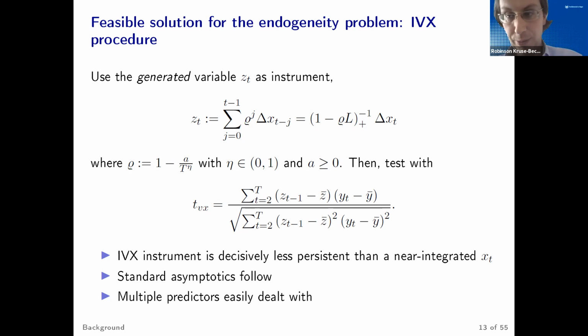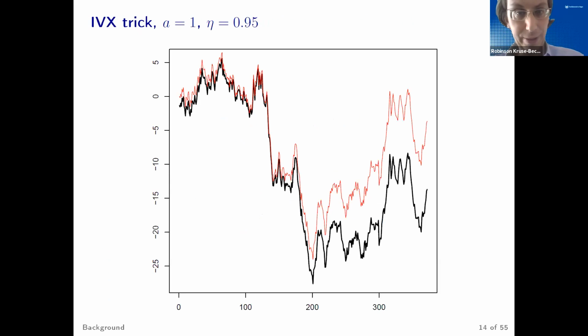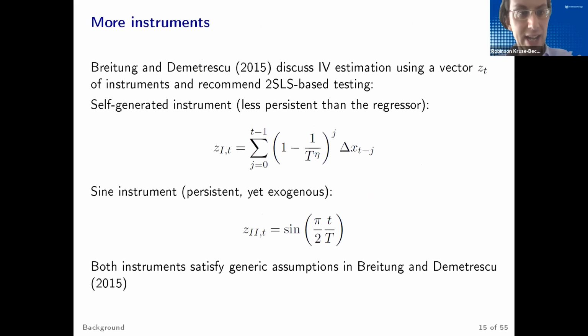You can also do more than one instrument, okay, but here's just an illustration. This is the so-called IVX trick. You just reduce a bit of the persistence and that's it. So Breitung and Demetrescu came up with an idea of using a two-stage least squares approach where you use more than one instrument.